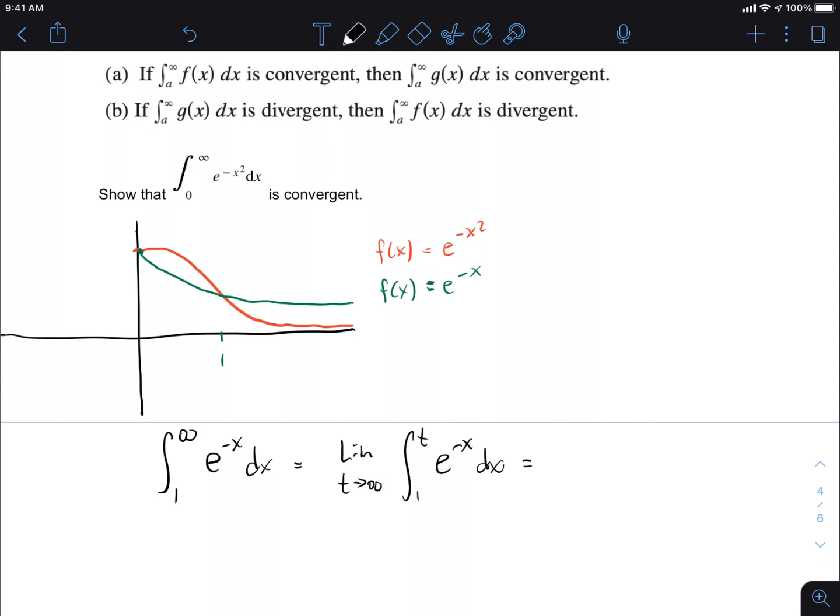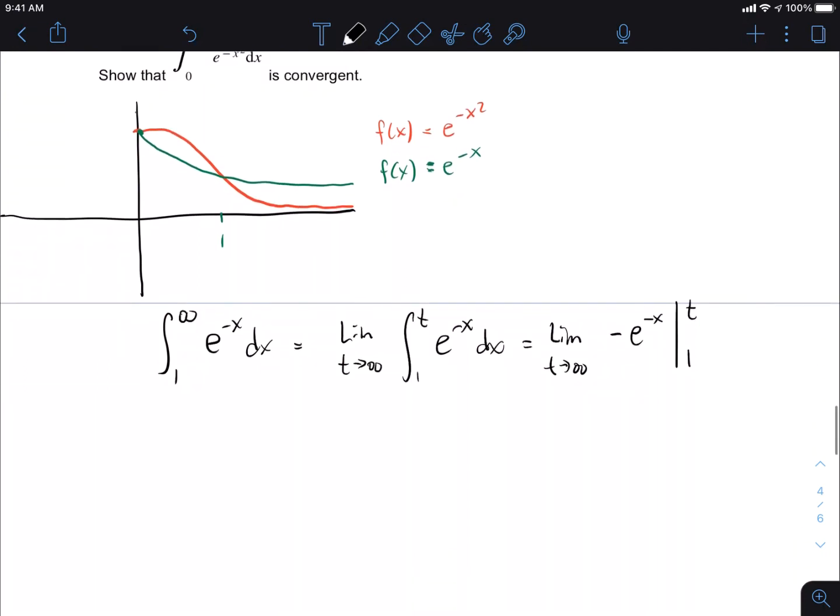We know, and I'll write the step just so you guys can see it, that the antiderivative of e to the negative x is negative e to the negative x, where we evaluate it from 1 to t. Agreed? Agreed. Okay.